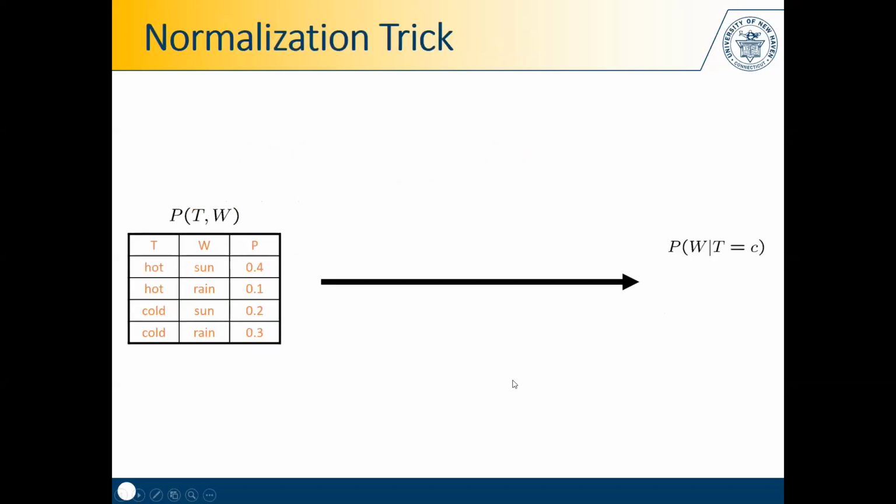Let's look at how we can construct these conditional distribution tables. Imagine that we have this joint distribution and we want to find the conditional distribution of W given T equals cold. How do we do this?